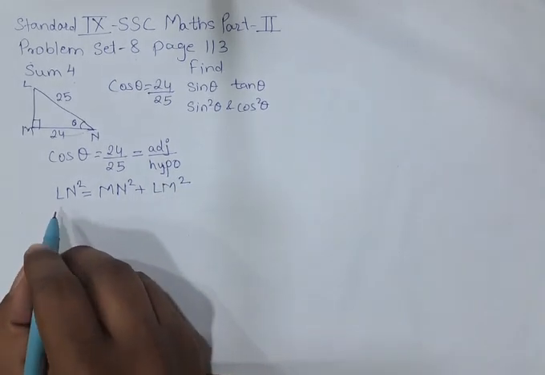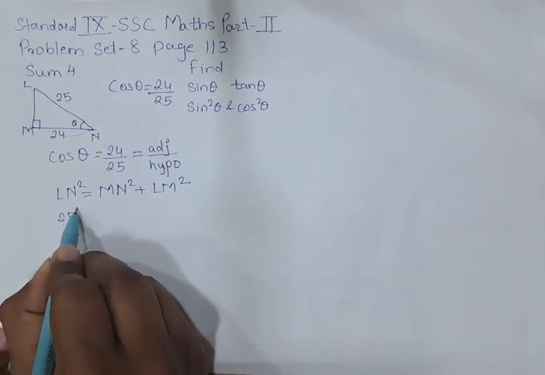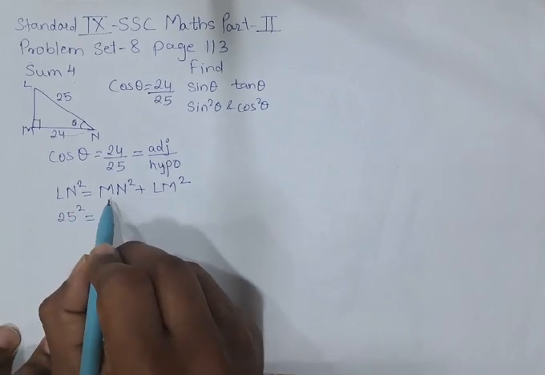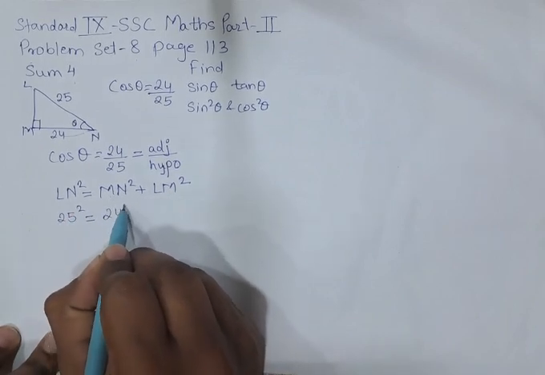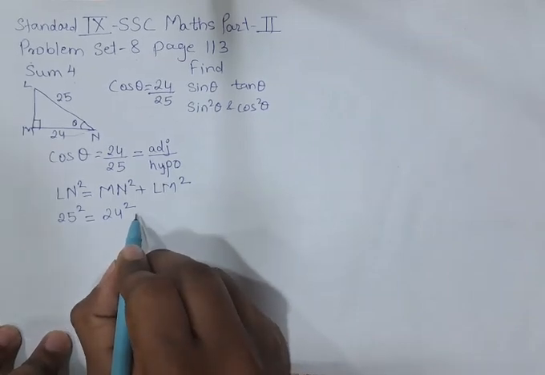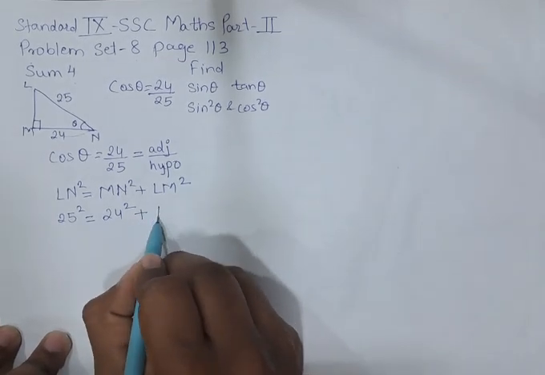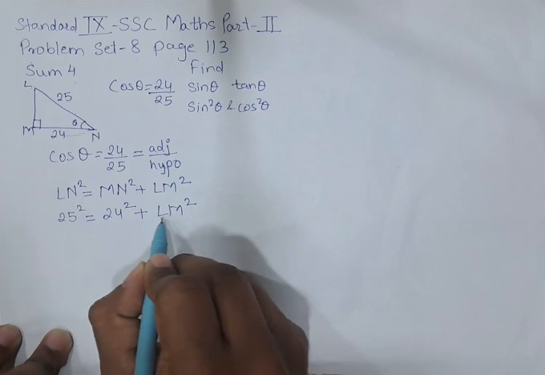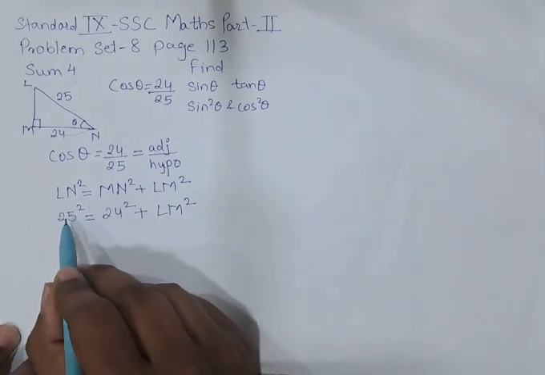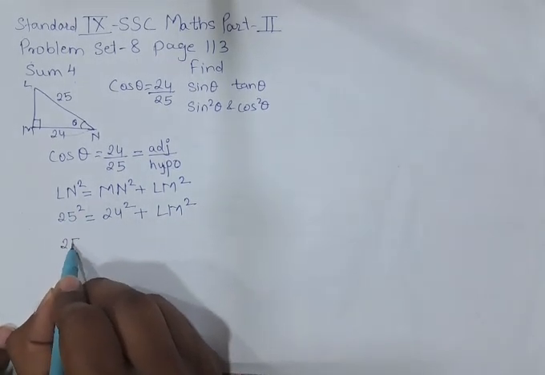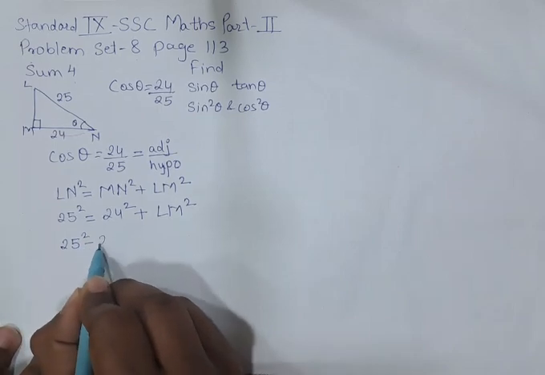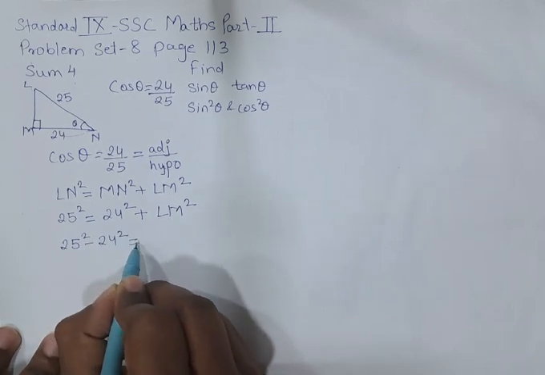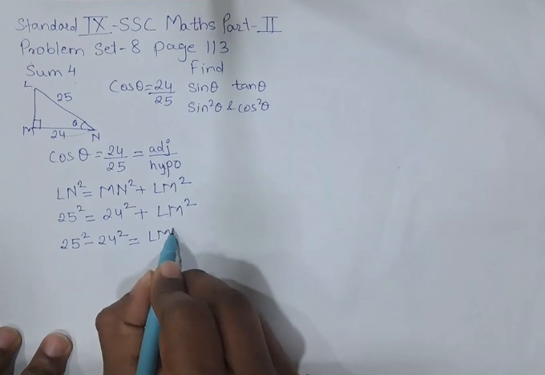So LN is 25 square, which is equal to MN, 24 square, plus LM square, the one we need to find out. Taking 24 square to the left hand side, this will be 25 square minus 24 square is equal to LM square.